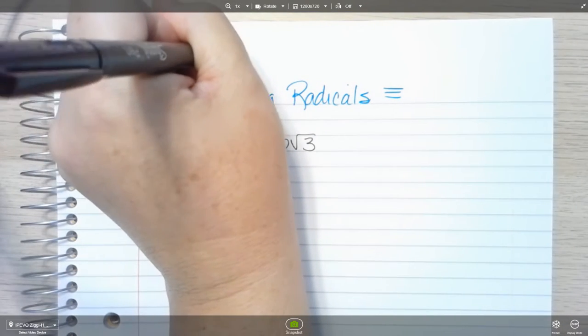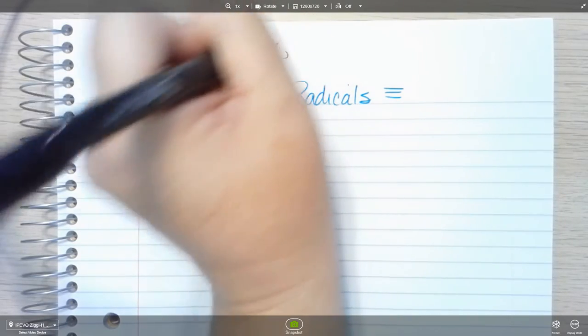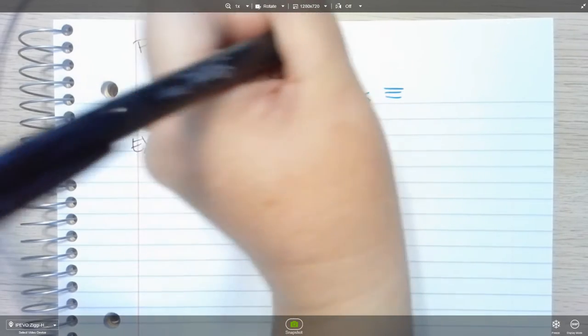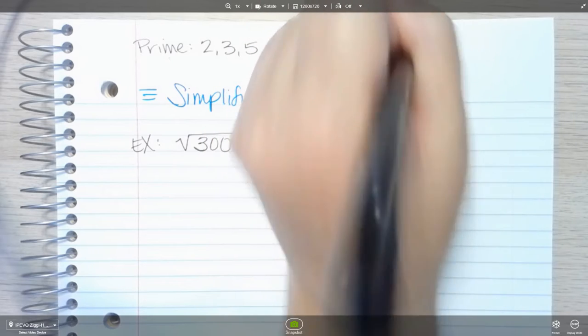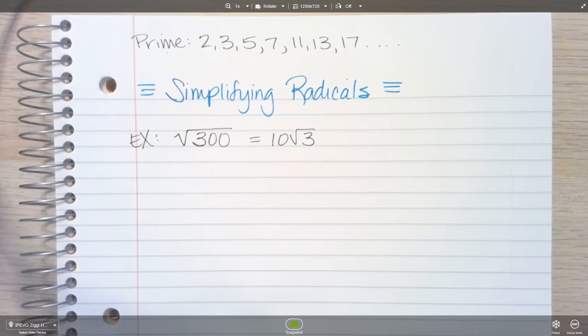So that's going to be 2, 3, 5, 7, 11, 13, 17, dot, dot, dot. Okay, and the list goes on. But I'll be honest, it really hangs out in these first few values, okay?